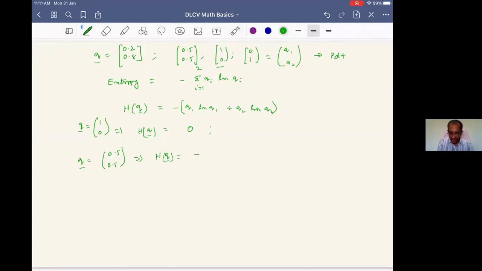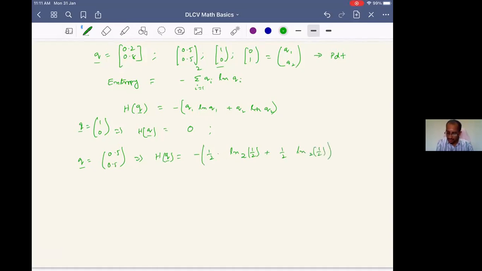If we just go by half ln, as I mentioned, base 2 is what is used when we want to quantify in terms of bits. Otherwise simple ln can also be used. Let's use base 2 just for simplicity of calculations. Half ln 2 half, what is the answer?